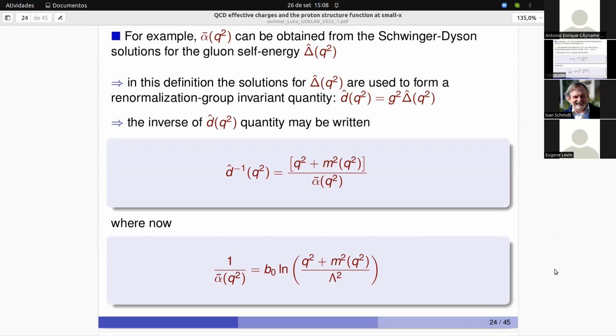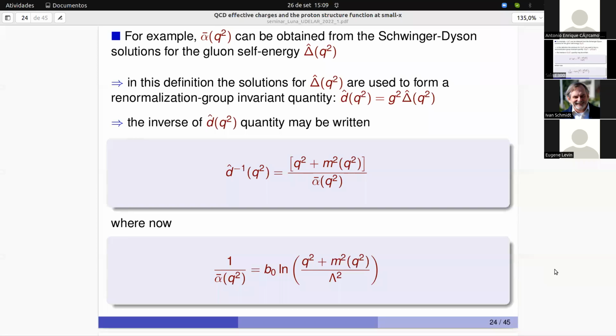I'm just showing this because this is the kind of approach that people in lattice QCD use. So they define it in this form. In this definition, the solutions for the gluon self-energy are used to form a quantity that is a renormalization group invariant, which means it does not depend on the renormalization scale.